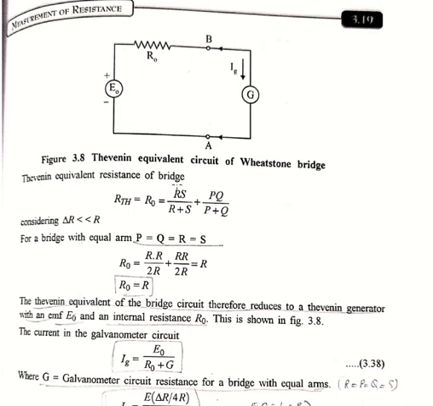Now the Thevenin equivalent resistance of the bridge RTH equals R naught, that equals RS divided by (R plus S), the parallel combination of R and S, plus PQ divided by (P plus Q). We have considered that delta R is very small compared to R, so we have neglected that part here. For the bridge with equal arms, P equals Q equals R and R equals S. By putting in the values, we get R naught equals R.